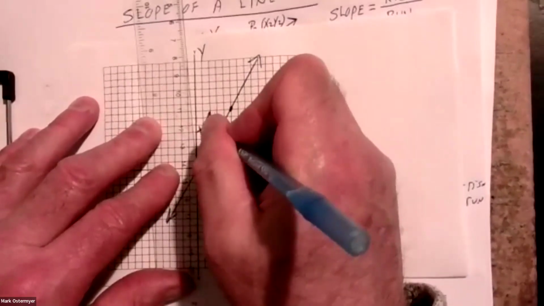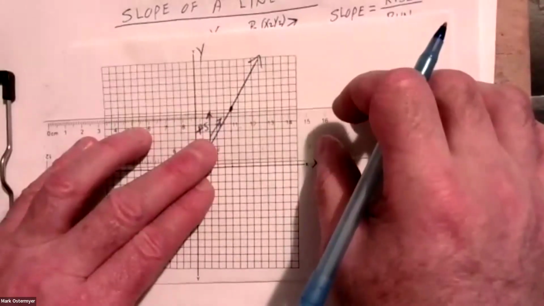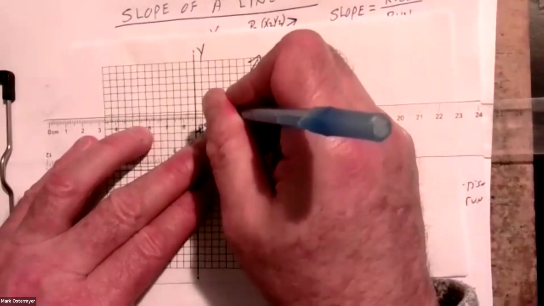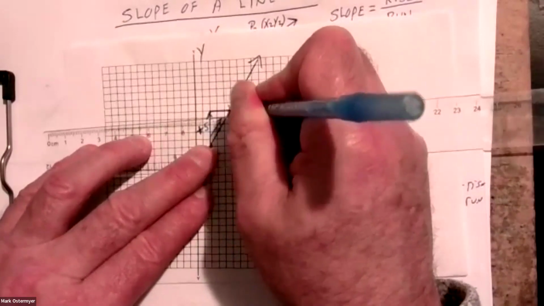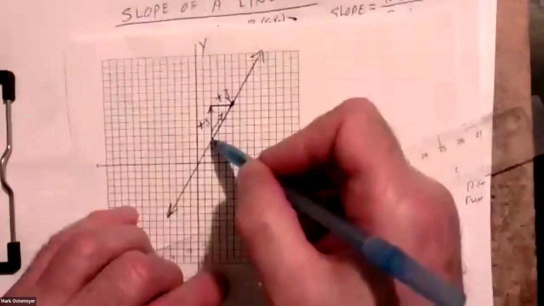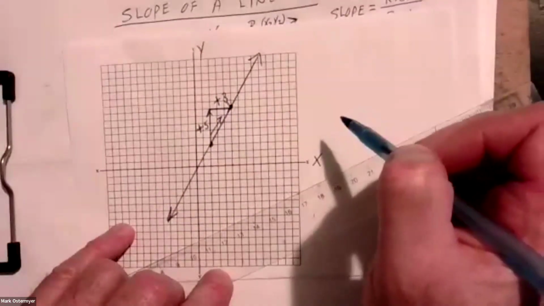Plus 5 is the amount of rise. How much run do I experience? My run's going to be in the positive x direction: 1, 2, 3. 3 positive units of run. Slope is 5/3 for this line. Do we see that?